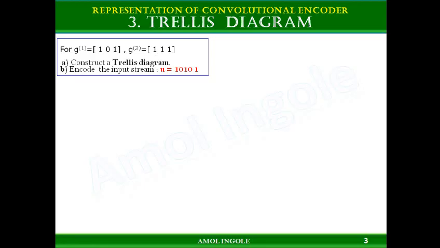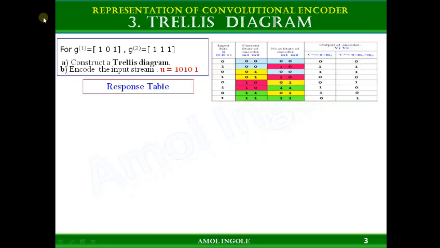I am not going to explain how to construct a response table for the given convolution encoder. This is the response table for the numerical given, and you will see that there are 4 possible states. Why? Because there will be 2 memory units and 2 raised to power 2 is 4 possible states.